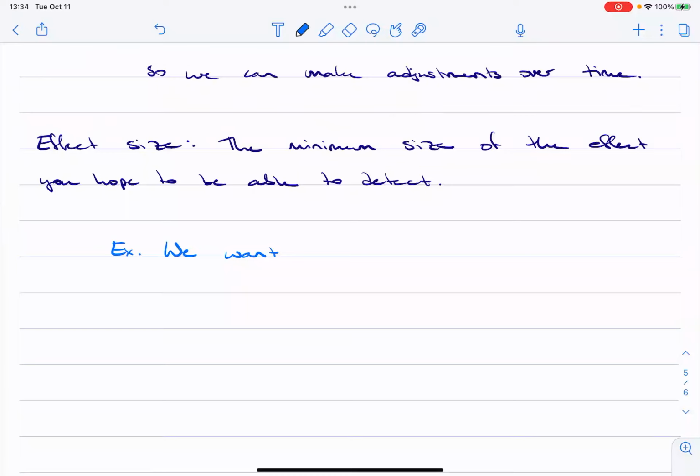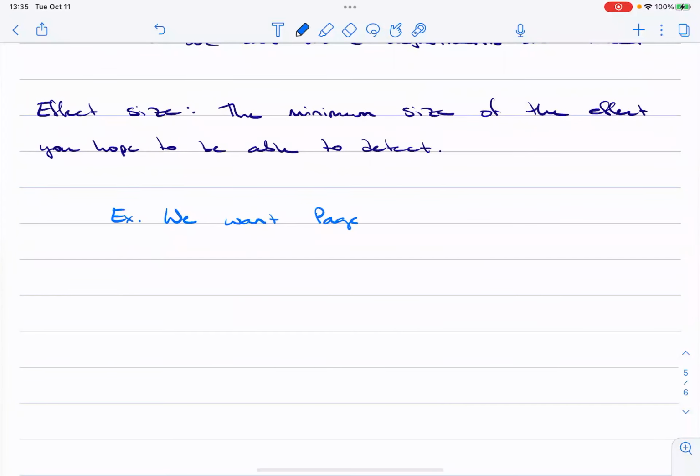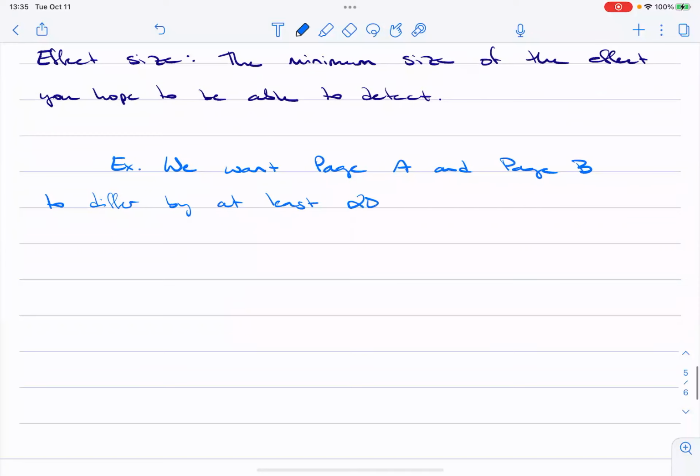Is it 60 versus 80, or is 20 kind of lost in the shuffle? So we want page A and page B to differ by at least 20 clicks per day to say that they are significantly different.